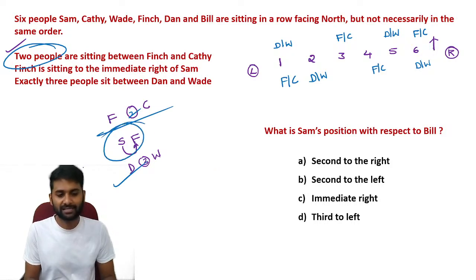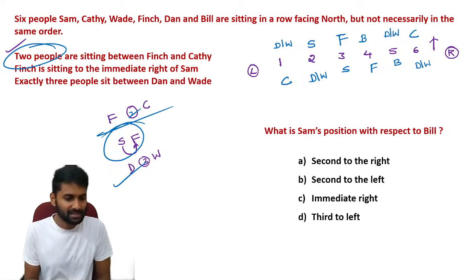The next information says F must be immediate right of S. Here F is not possible because fifth is already occupied, so you can confirm C, and you can confirm F. If you confirm F here, S you can confirm. In the same way, here F we cannot confirm because you can't arrange the S, that's why take C here, F here. So F is immediate right of S. There is one position left, so you can place B here and B here. This is the entire arrangement.